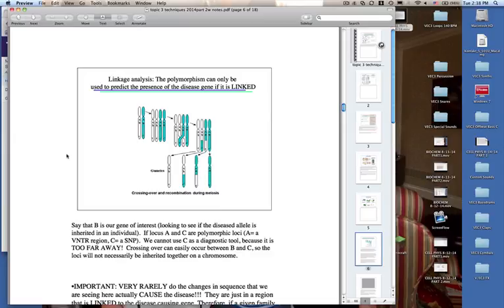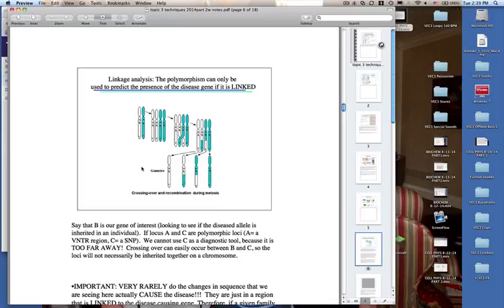So what does that mean? It means it's linked during inheritance. That means it's really close by, okay? So in other words, we cannot have a crossover event during meiosis that could disassociate our target gene from our little polymorphic site that we want to use, okay?